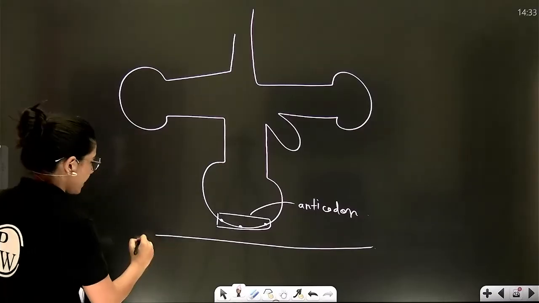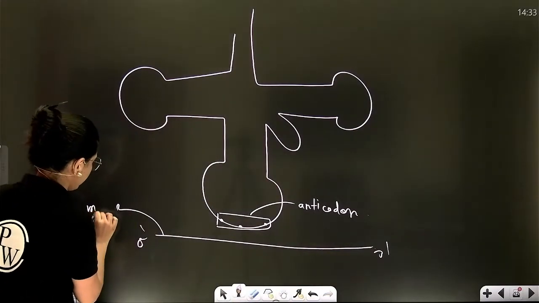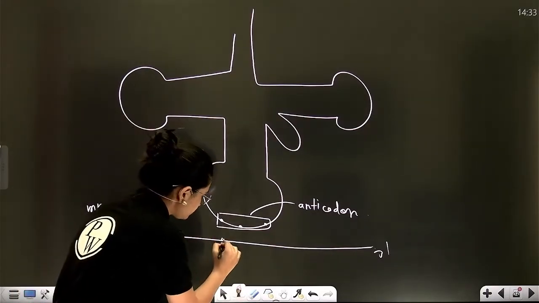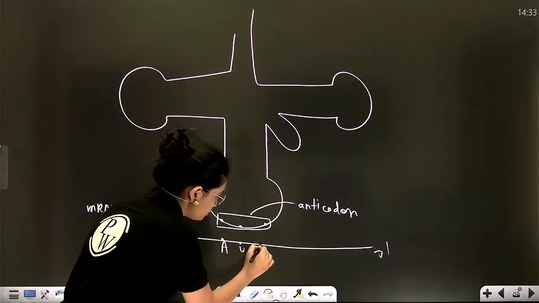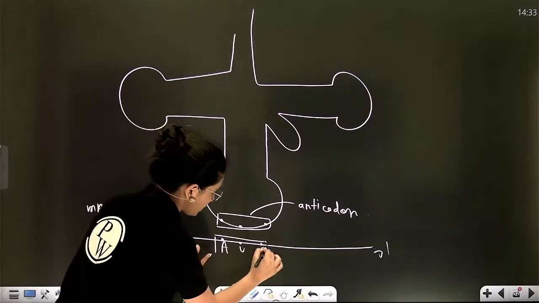Now suppose this is my mRNA chain, single stranded 5' to 3'. Now suppose mRNA has A, U, G as nucleotides. This is one codon on mRNA.